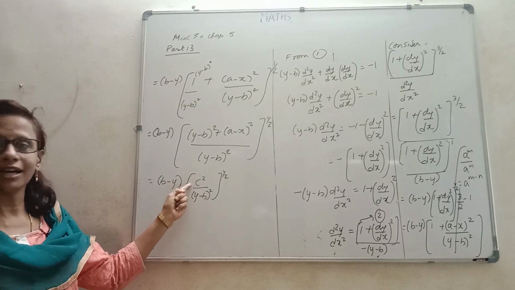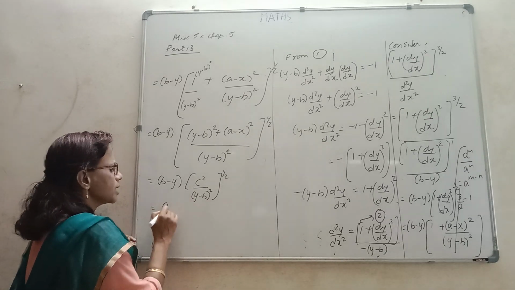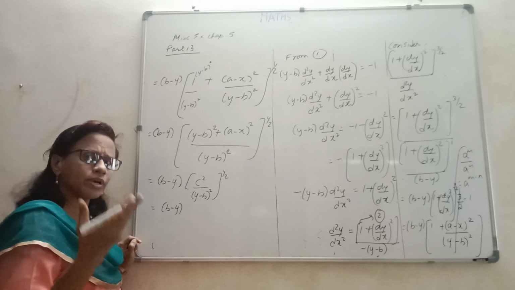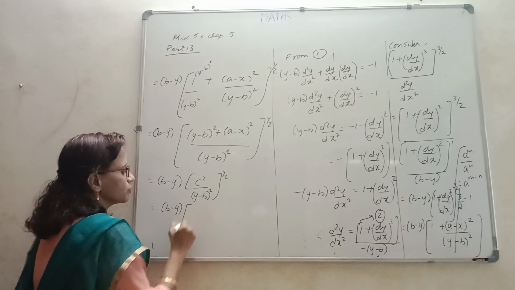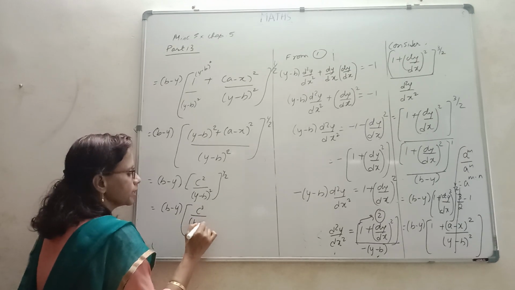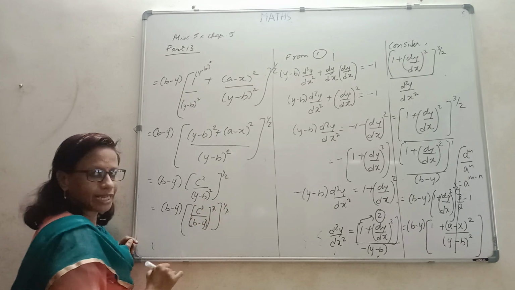So that allows us to put this. Now calling y minus b the whole squared is as good as calling b minus y the whole squared, because when you square it, it is the same. So therefore this is c squared by b minus y whole squared. Both are squares, and the power of 1 by 2 is outside, so they can cancel each other.